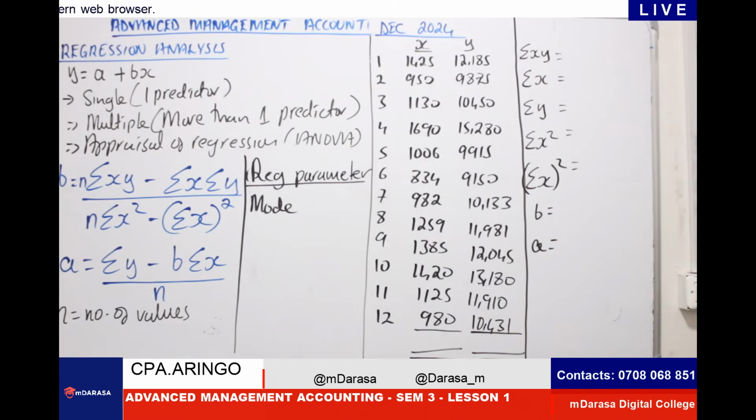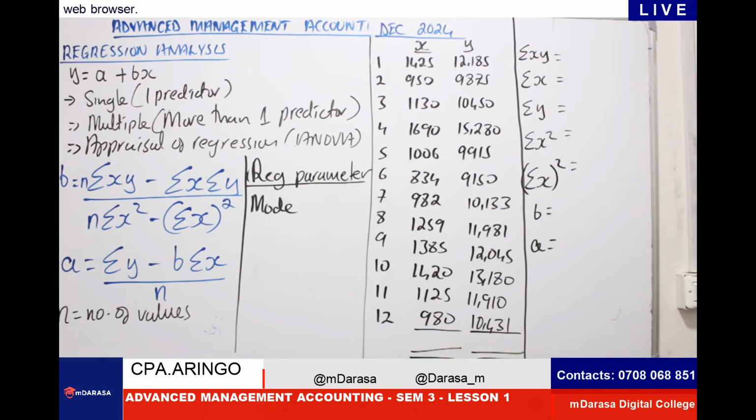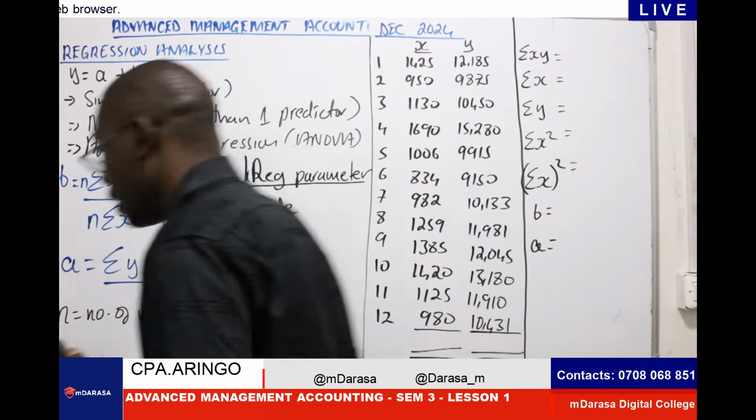So we go to the next bit, as Mwalimu is saying. We go to the next component, where I'm talking about 1130.